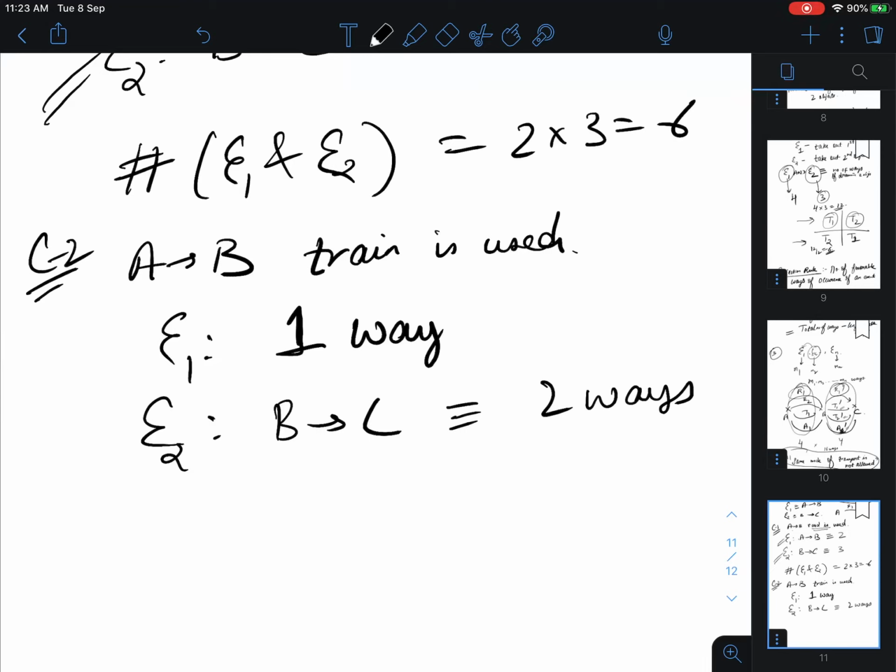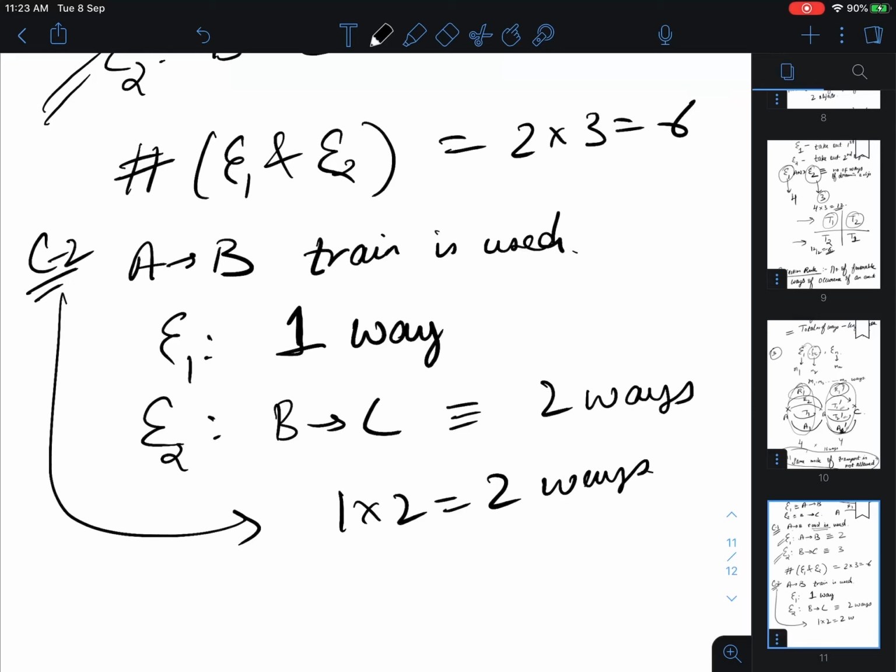So for case 2 you have 1 into 2 equal to 2 possible ways. Similarly in case 3, if plane is used, then for event E1 you have 1 way, and for event E2 you have 3 possible choices.